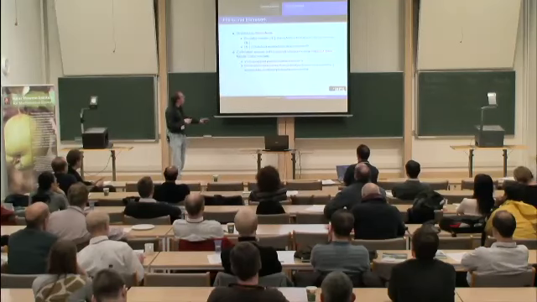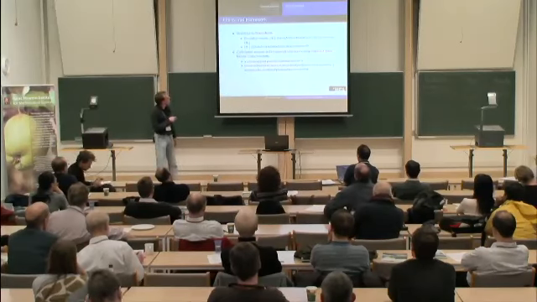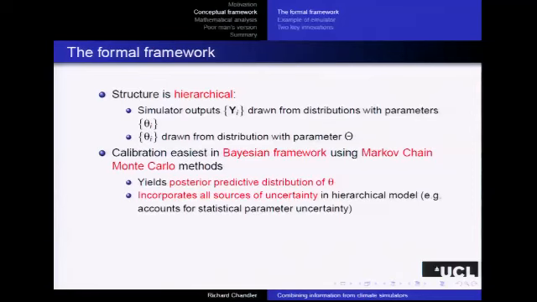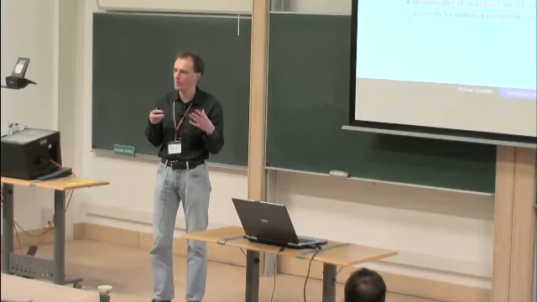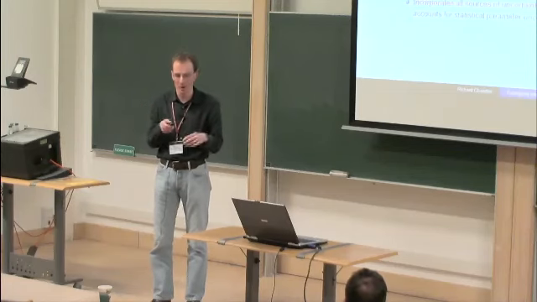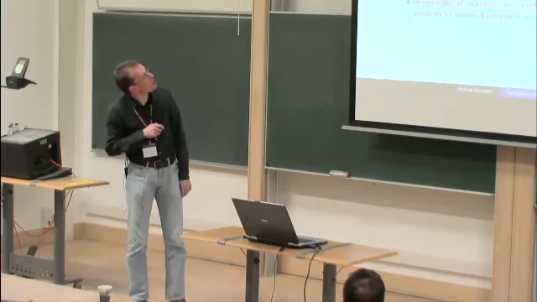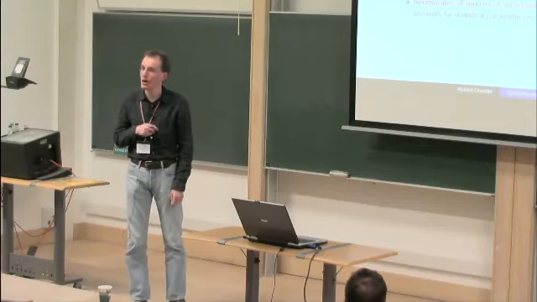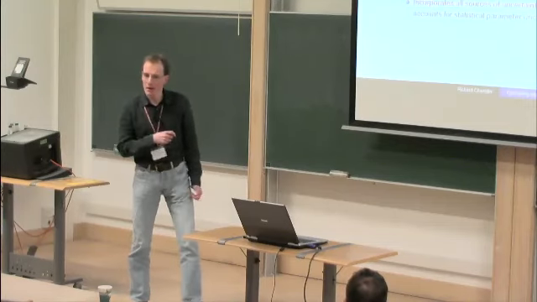For hierarchical models, I'm not going to talk too much about this, but calibration is easiest in a Bayesian framework using Markov chain Monte Carlo methods, and that's how we normally do it. As Matt said in his talk yesterday, this can be difficult, and I think that's probably a barrier to widespread take-up of these things outside a rather specialist community. Later in my talk I'm going to give a poor man's version that enables you to avoid doing this completely.